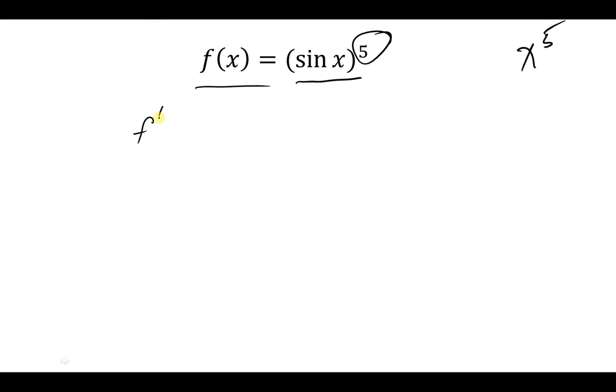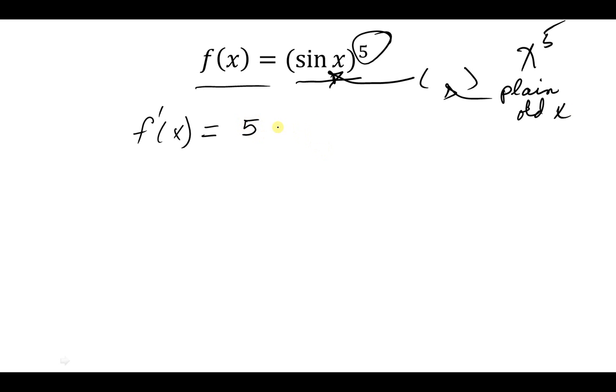F prime of x, and we're going to first just consider that what's in parentheses is just plain old x. And so we're going to go ahead and work the problem as if it were plain old x, and we would put down 5.